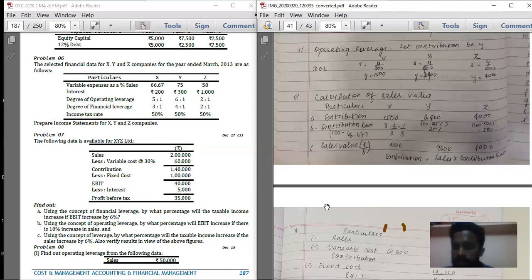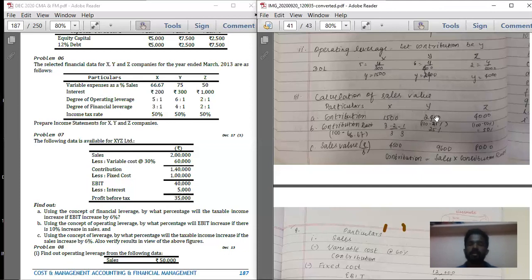We are reciprocating it, the reciprocal will be 3 by 1. So 1500 into 3 by 1, that is 4500. Or we can even do 1500 divided by 33.33%, because variable cost ratio is 66.67%, so contribution ratio is 33.33%. We'll get 4500.